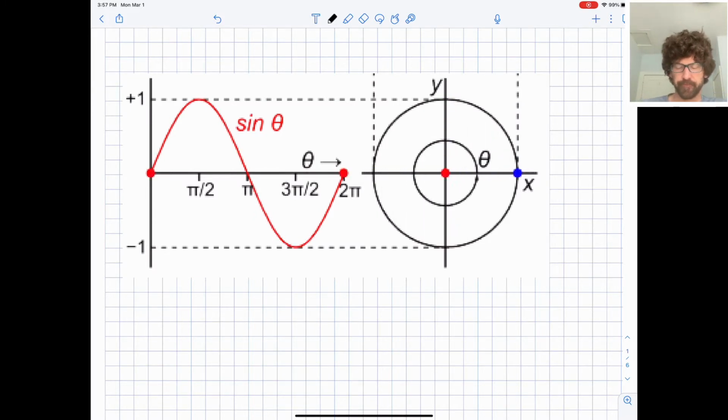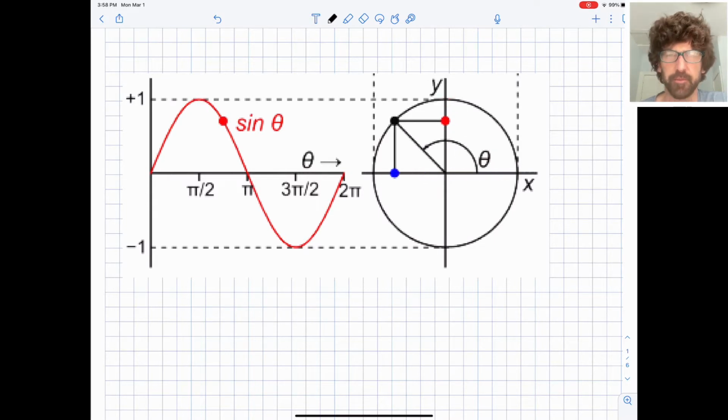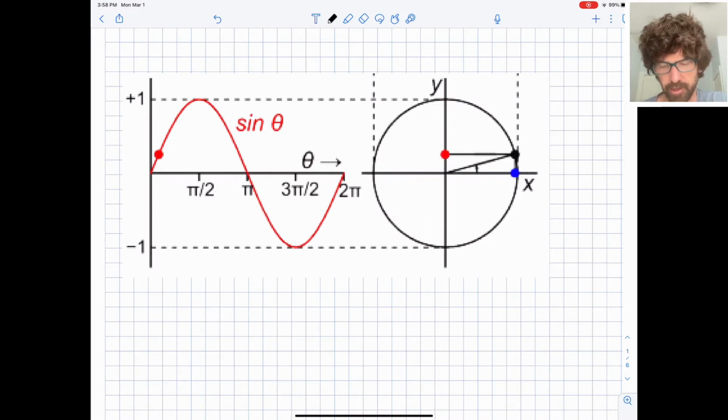The sine wave tracks the height of that black point above or below the x-axis, and that's equivalent to the height of the red point above or below the x-axis. You can see the red point tracking up and down the y-axis there. Okay, so how high above or below the x-axis are those 2 points as we wrap our way around the circle?